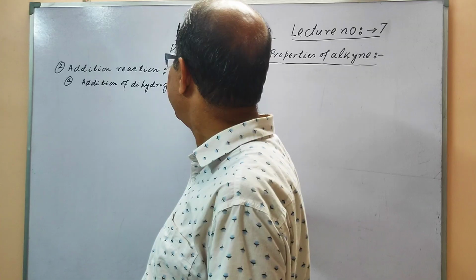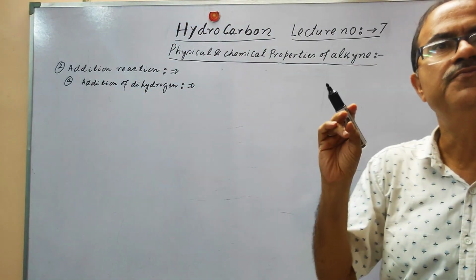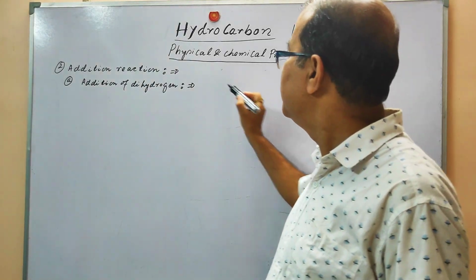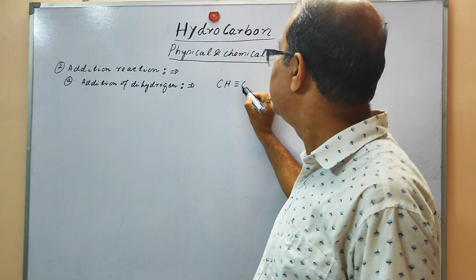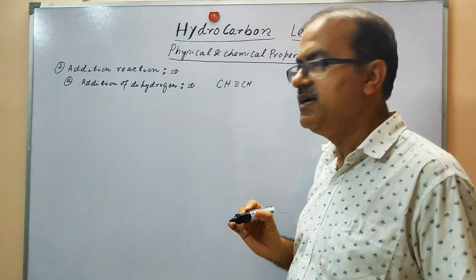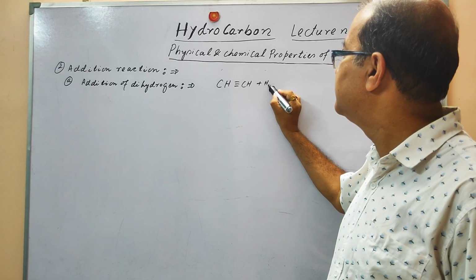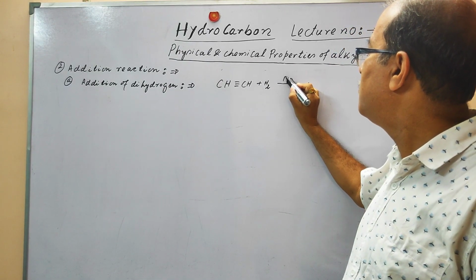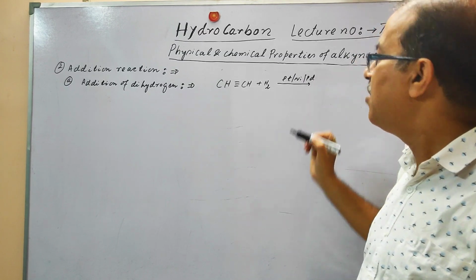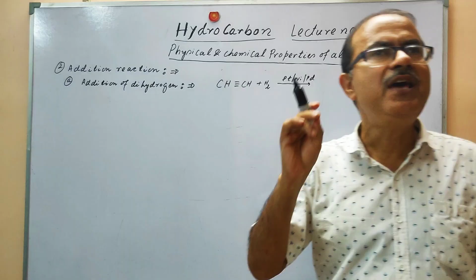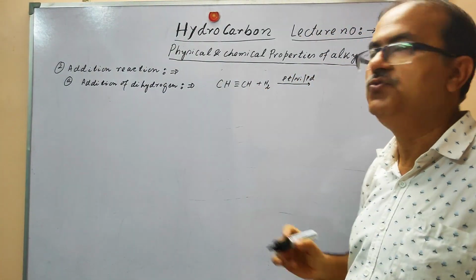In this reaction, as it has one triple bond, here you can see one triple bond in ethyne. When we add hydrogen in the presence of a catalyst, platinum, nickel or palladium, two molecules of hydrogen will be added to it.